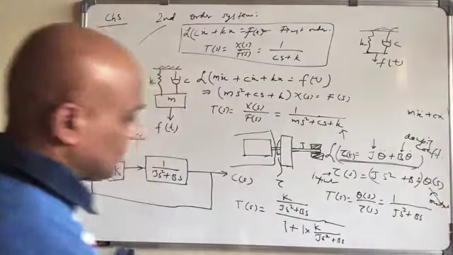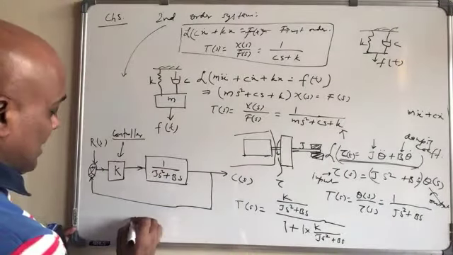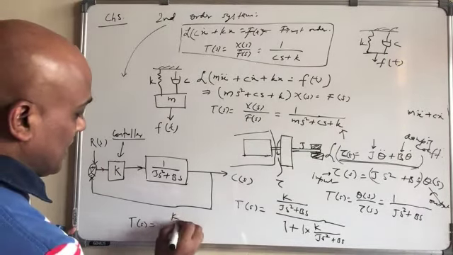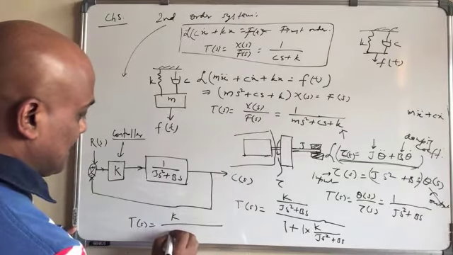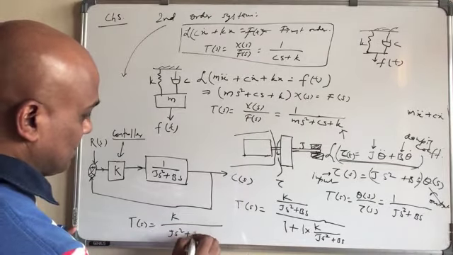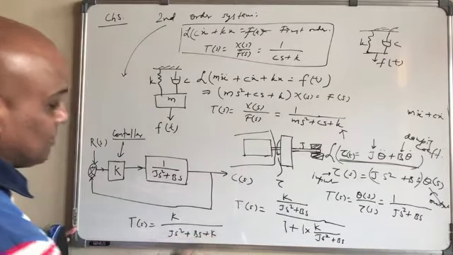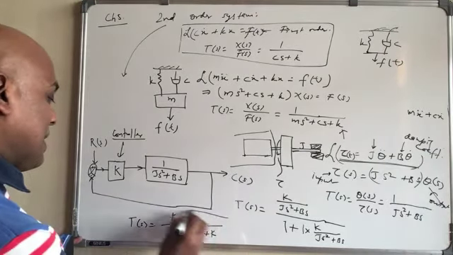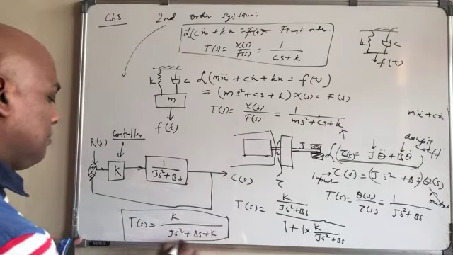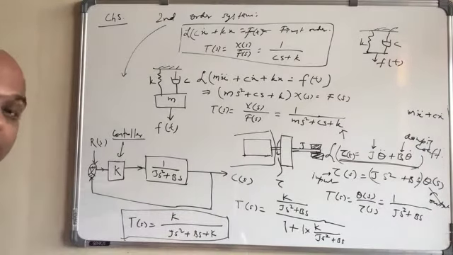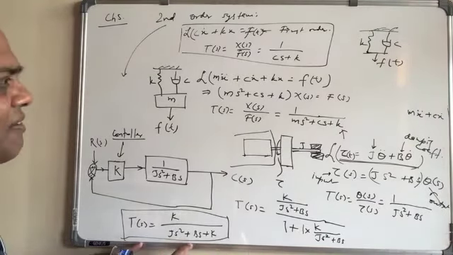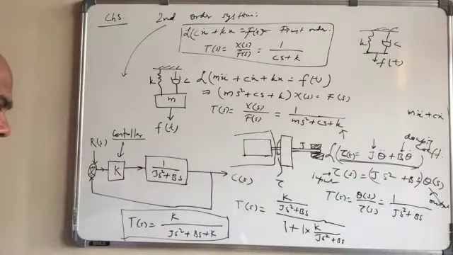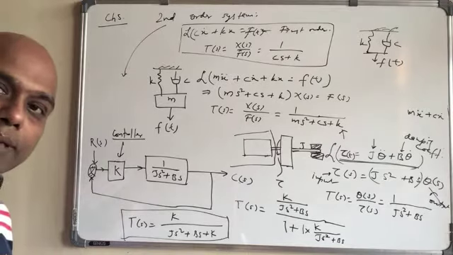Simplifying, we get T(s) equal to K over (Js square plus bs plus K). So you get this kind of transfer function, which is similar to the earlier type.